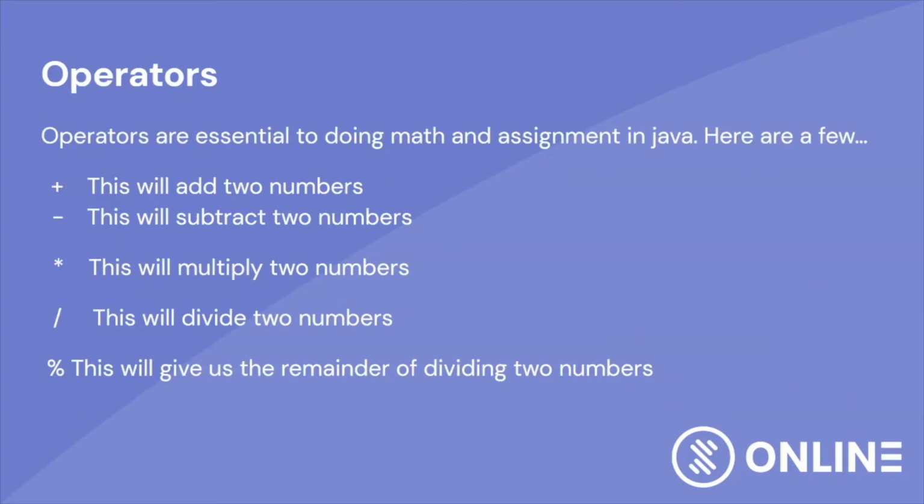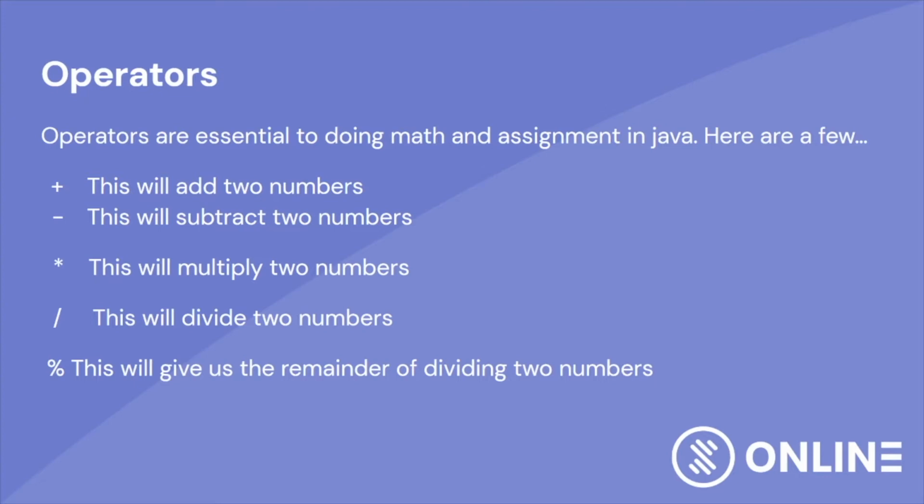Let's go on to operators. So there are operators, which are essential to doing math and assignment in Java. Here are a few. The plus sign will add two numbers in an arithmetic equation.